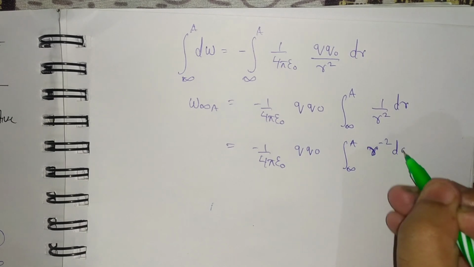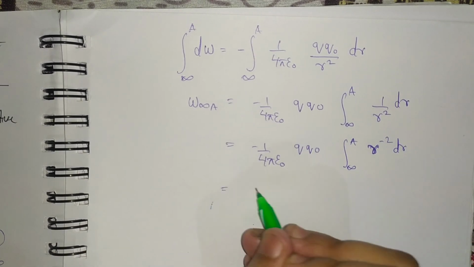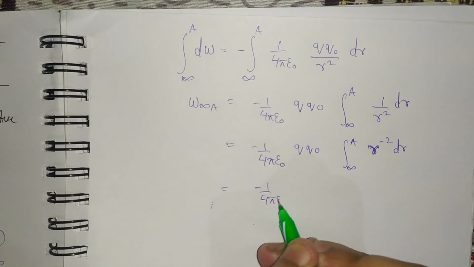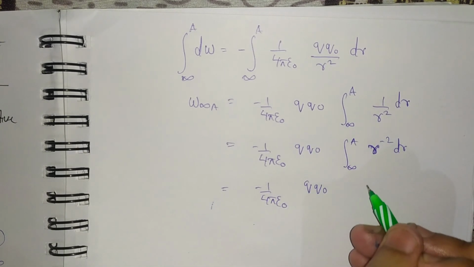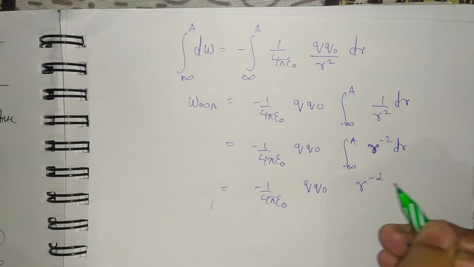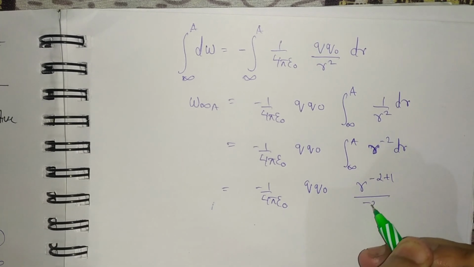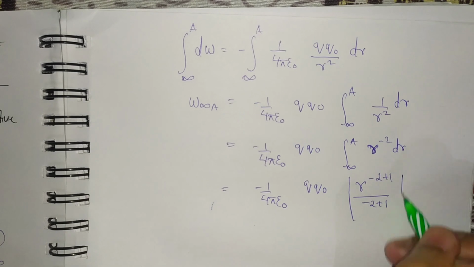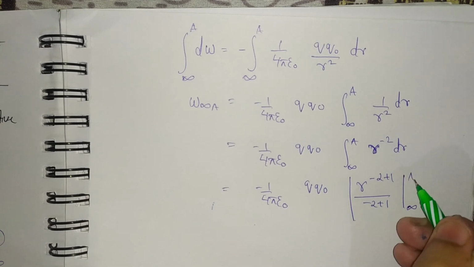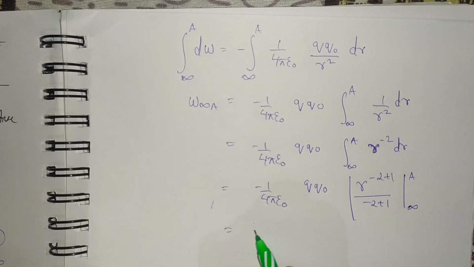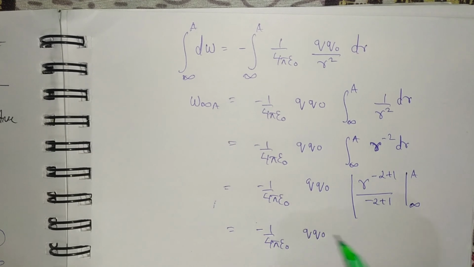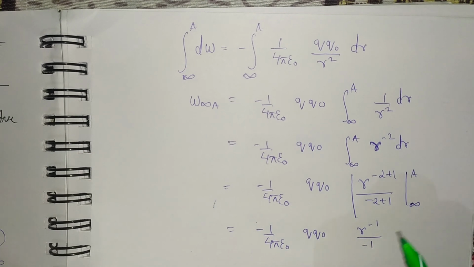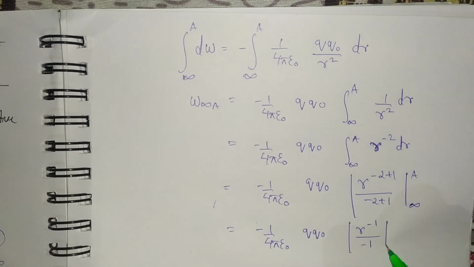Now we are going to integrate this: 1 upon 4 pi epsilon naught q naught, r to the power minus 2 plus 1 over minus 2 plus 1, taking the limit from infinity to the point A. So 1 upon 4 pi epsilon naught q naught r to the power minus 1 over minus 1. This equation becomes like this.